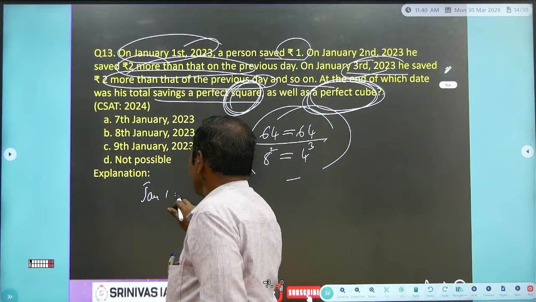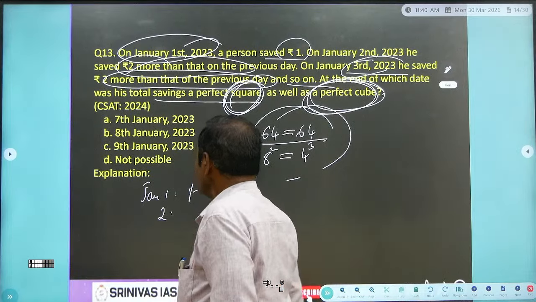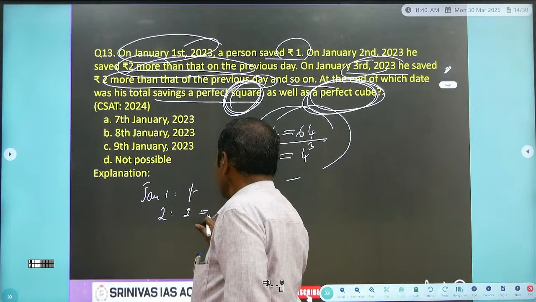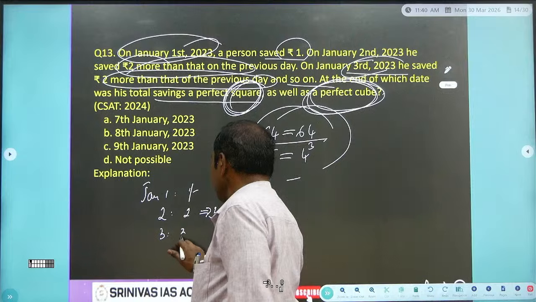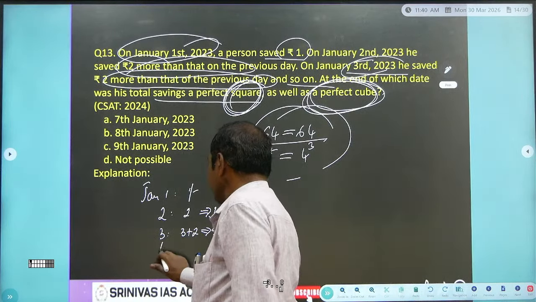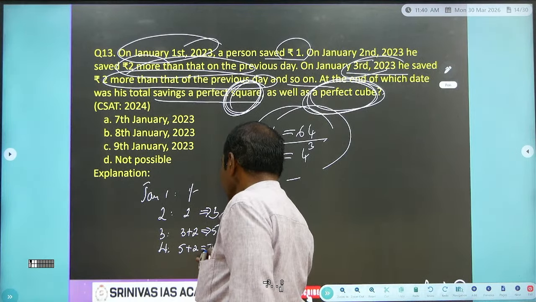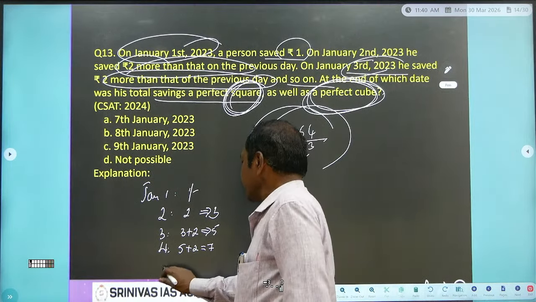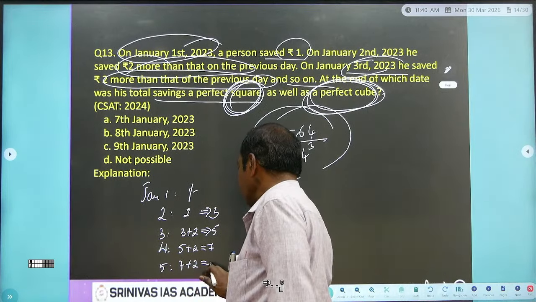See, January 1. What is the money saving? 1 rupee. January 2. 3 rupees. 2 rupees more, no? That becomes 3 rupees. And January 3, 3 plus 2, 5 rupees. January 4, 5 plus 2, 7 rupees. And January 5, 7 plus 2, 9.